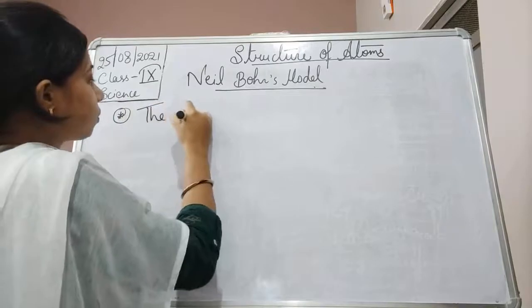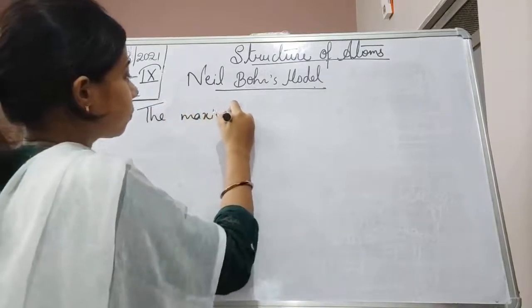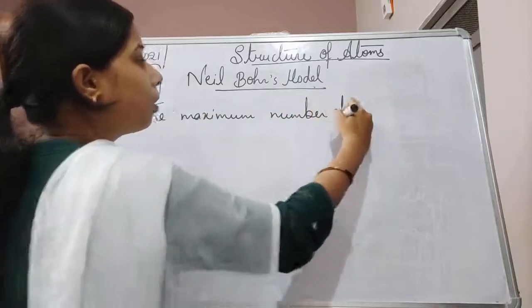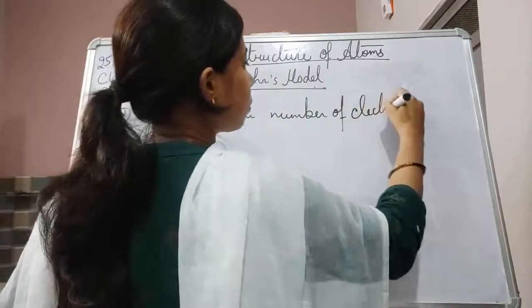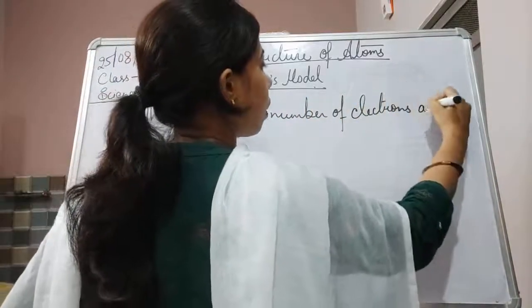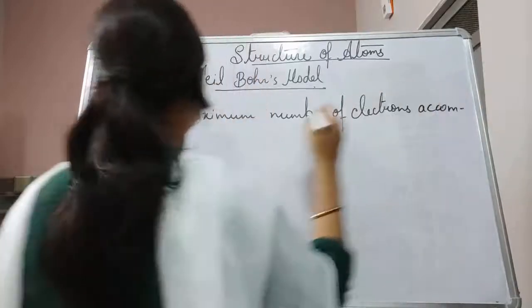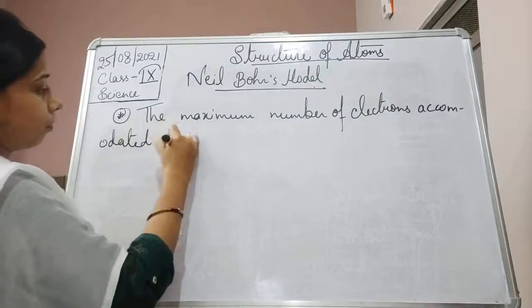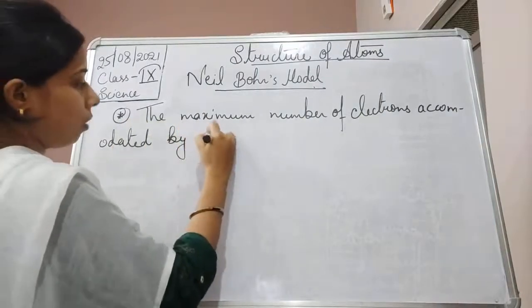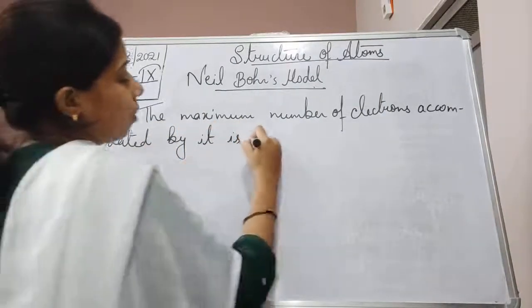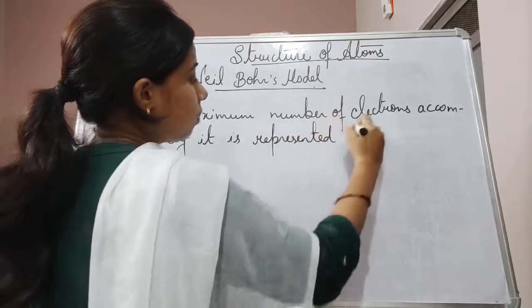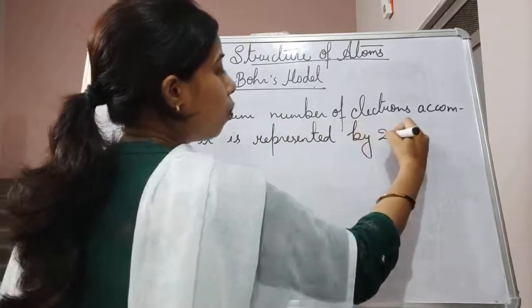The maximum number of electrons accommodated by it is represented by 2n square.